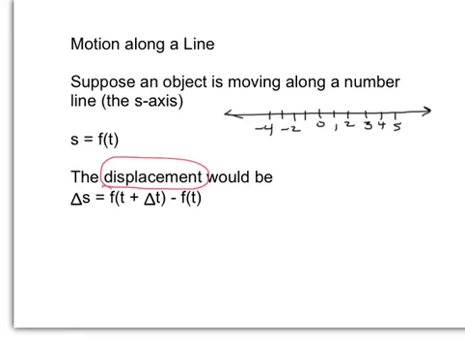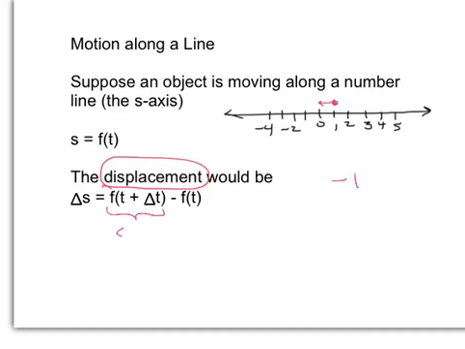So for example, let's say at time 0 I'm at 1. And then I bounce around for like 10 seconds, and I end up at 0. So I started at 1, I bounced around for 10 seconds, and then ended up at 0. What was my displacement? Well, I started here and I moved to here in the end, so my displacement would be -1.